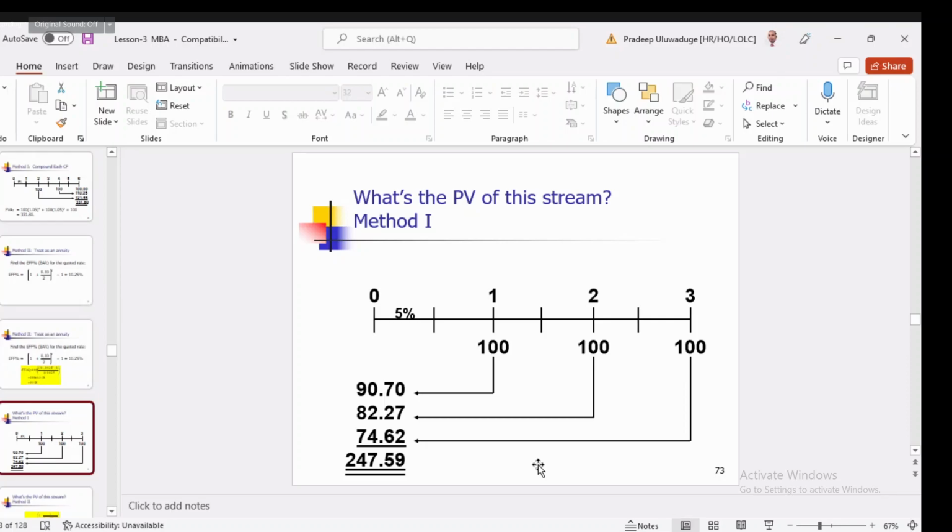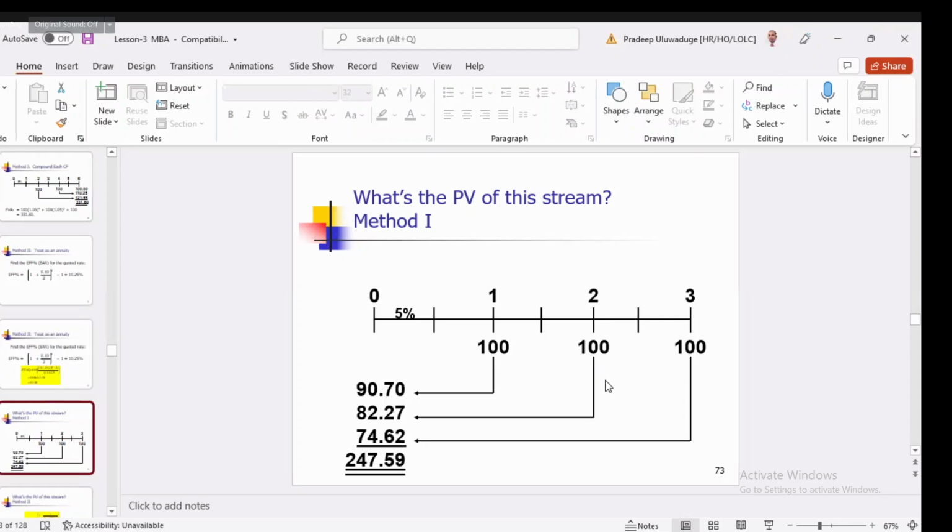You discount 100 rupees for 2 years and you end up getting 90 rupees and 70 cents. The second cash flow occurs after four semi-annual periods, so you discount it for four periods at a rate of 5%, and you end up getting 82 rupees and 27 cents as the present value.